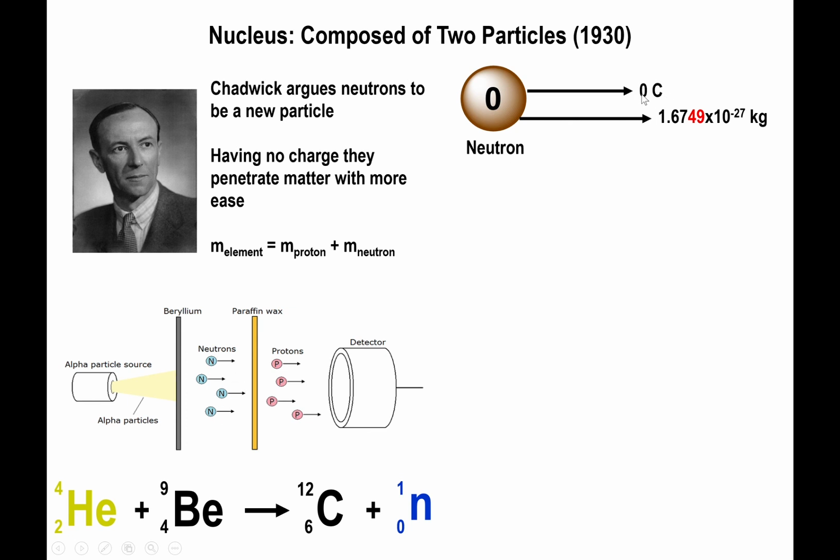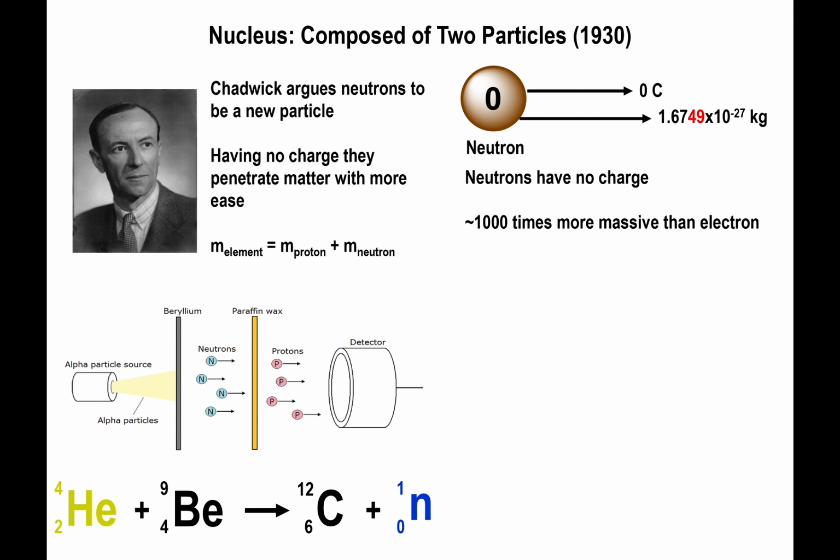The charge is indeed 0; it doesn't have a charge. But from the mass differences between the products of the interaction with beryllium and the masses of the reactants, beryllium and helium, you can find out the mass of the neutron, and it turns out to be just a little bit higher than the mass of the proton, but they are roughly in the ballpark.